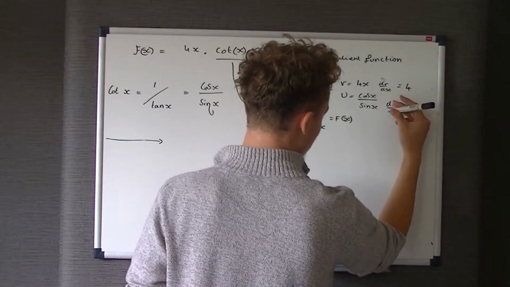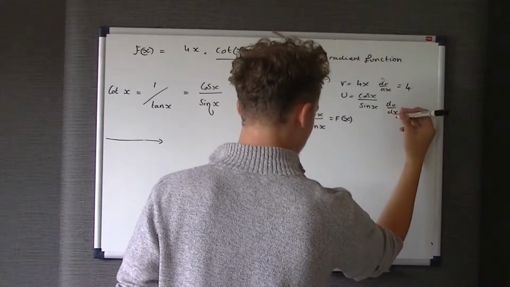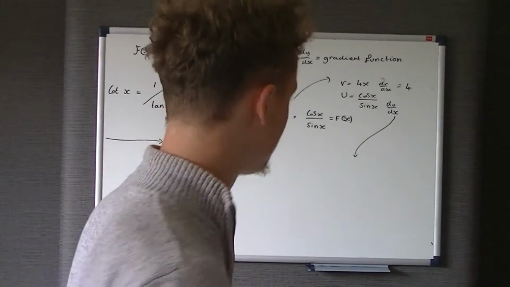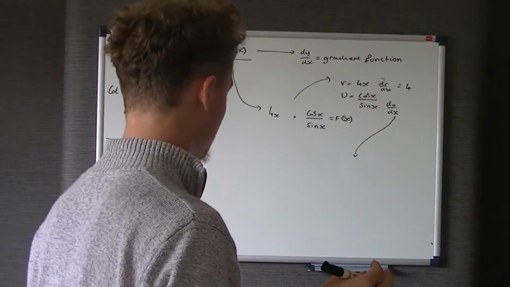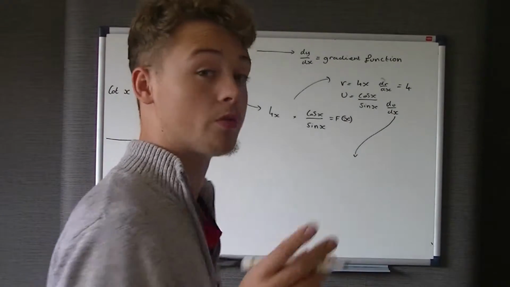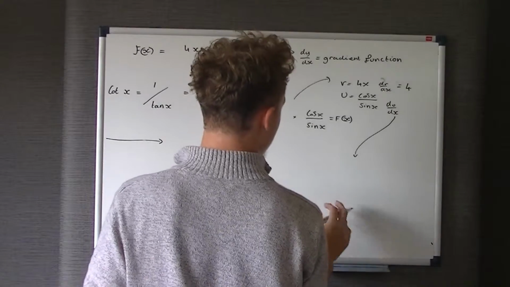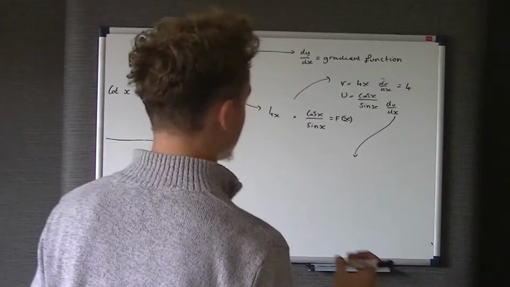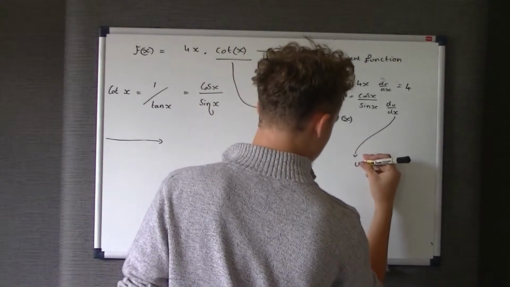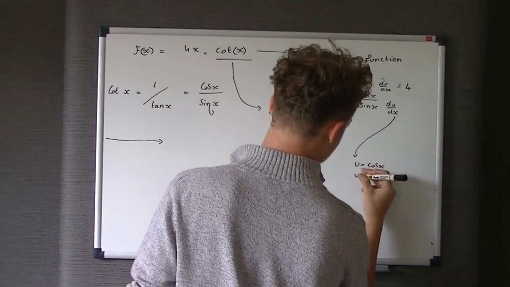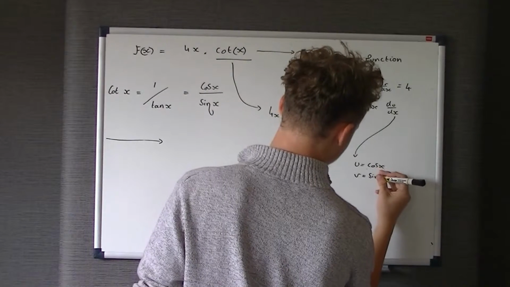Du by dx, however, is not quite as simple as that, because for this we have to bring down our old friend, the quotient rule. So the quotient rule says y equals u over v, and in this instance we've got u as being cos x and v as being sin x.